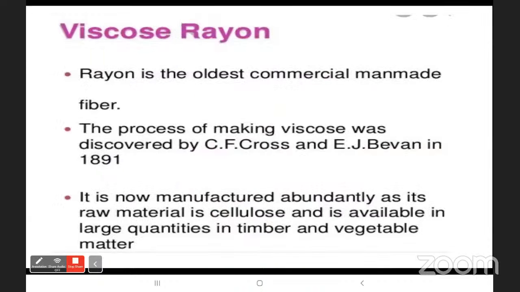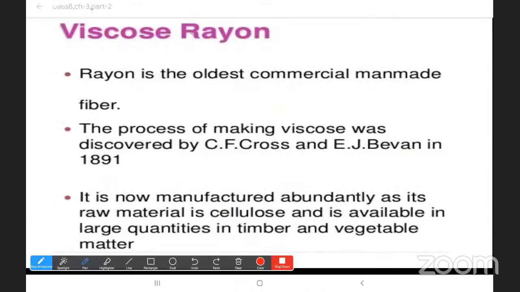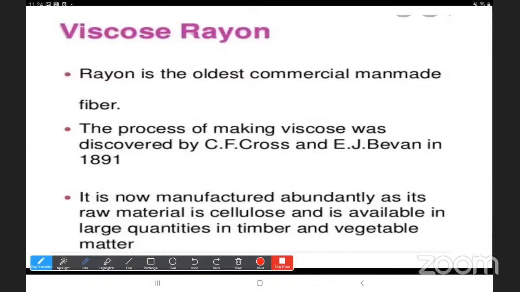Now viscose rayon. Rayon is the oldest commercial man-made fiber. The process of making viscose was discovered by C.F. Cross and E.J. Bevan in 1891.